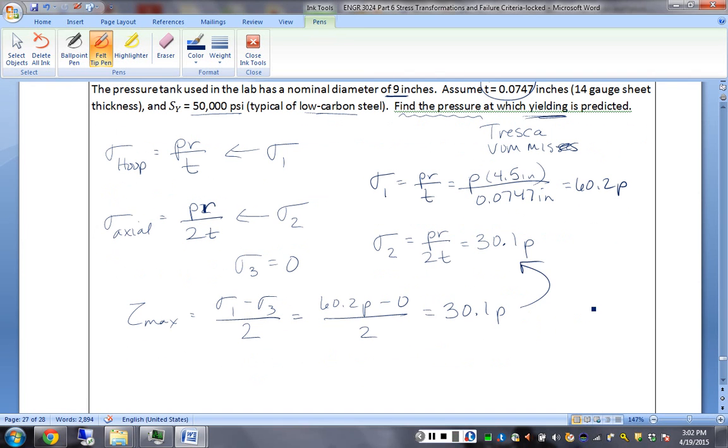So our max shear value is 30.1 times the pressure, and we're first going to look at our maximum shear failure criteria.